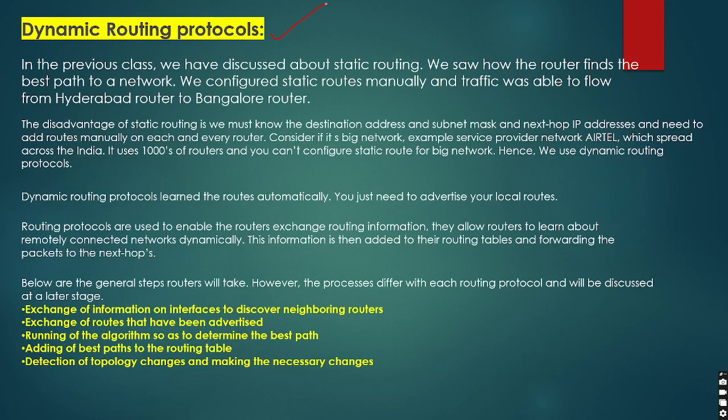Maybe the way we travel is different: we can go via bus or train or airplane, right? Similarly, the working procedure of the routing protocols may be different, but the behavior is the same.